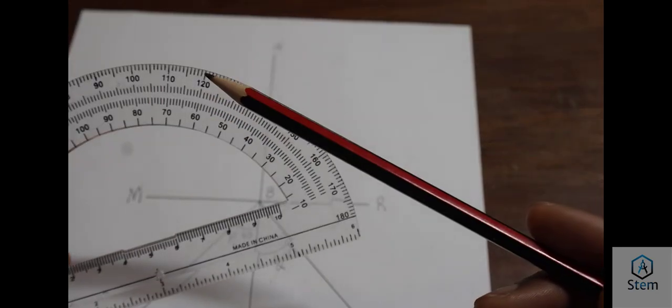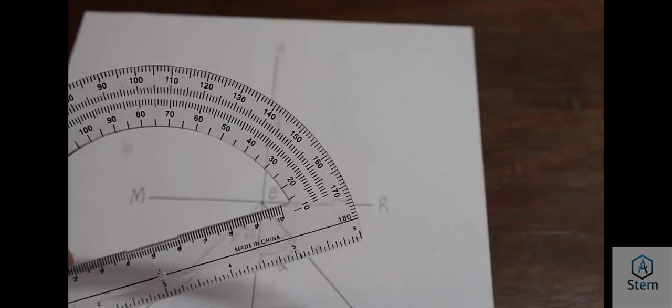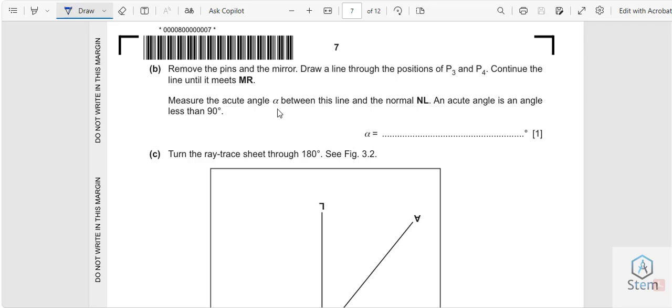It should be to the nearest 1 unit. So we have seen that the angle alpha is 40 degrees. Please do not make a mistake of writing 40.0 because the protractor that we used can measure to the nearest 1 degree.